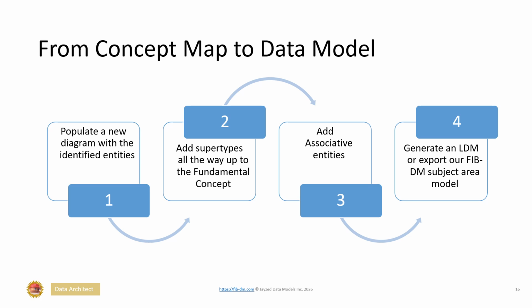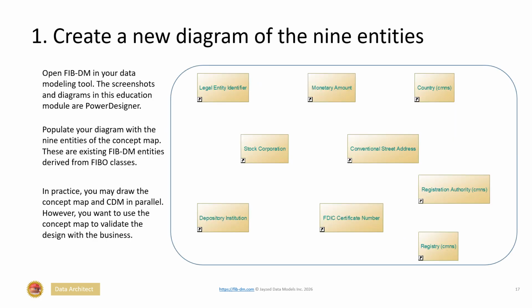We add associative entities, and then when we are done, we generate a new LDM export or FIB-DM subject area model. Yeah, step 1, so we create a new diagram with the 9 entities.